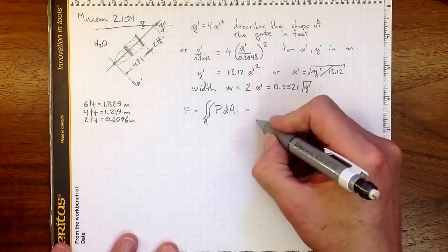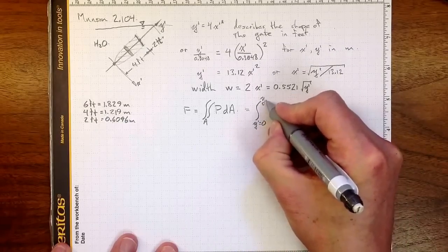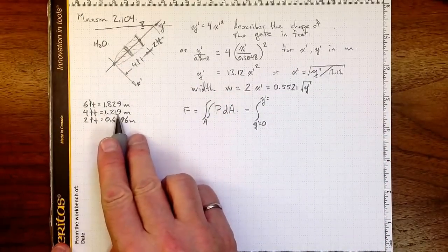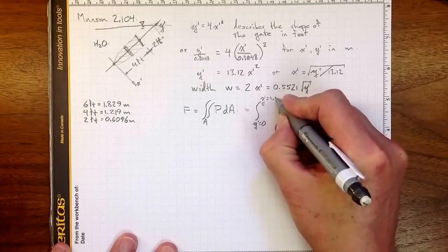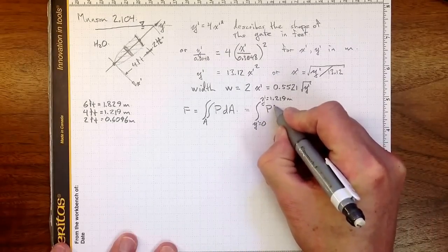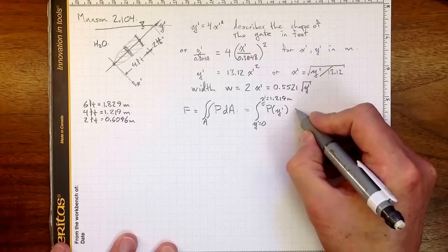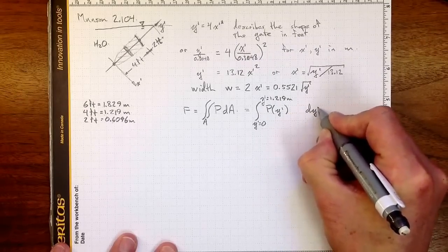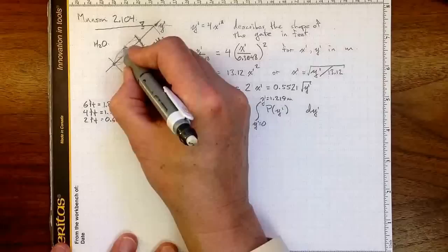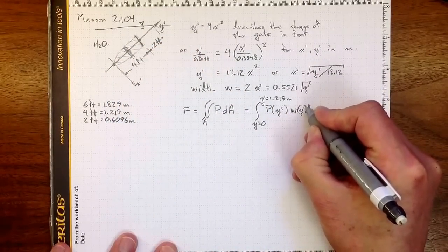So that'll then become an integral from y prime equal to 0 up to 4 feet, that's 1.219 meters, of the pressure, which is going to be a function of y prime only, times dA, well that'll be dy prime, the small distance in that direction, times the width, w, which is also a function of y prime.